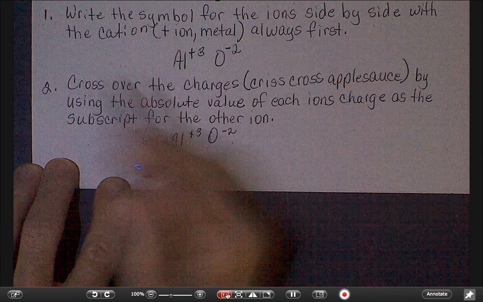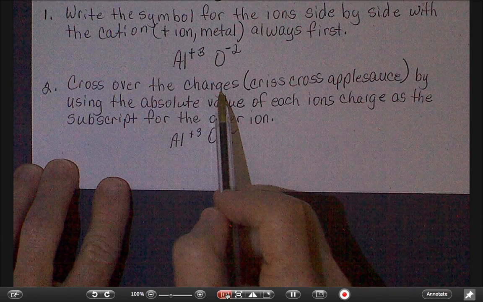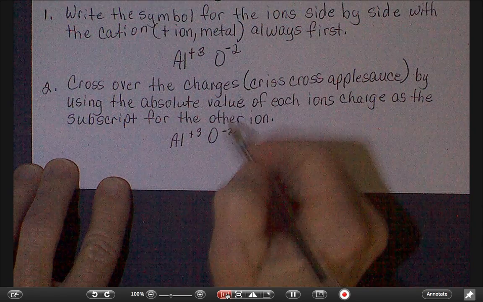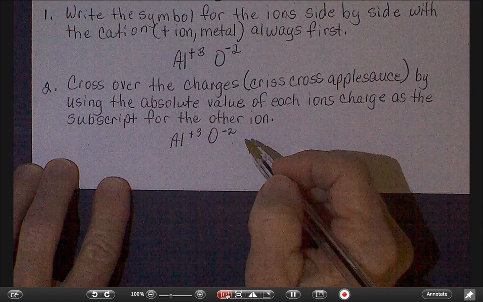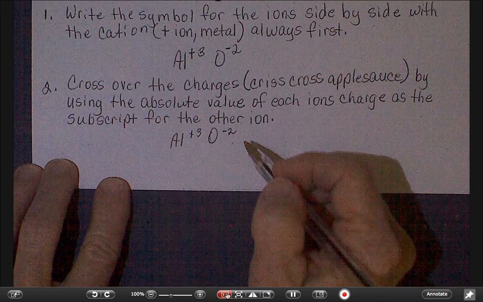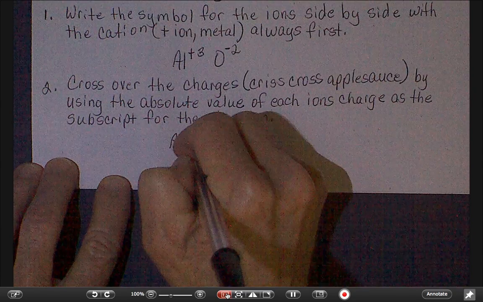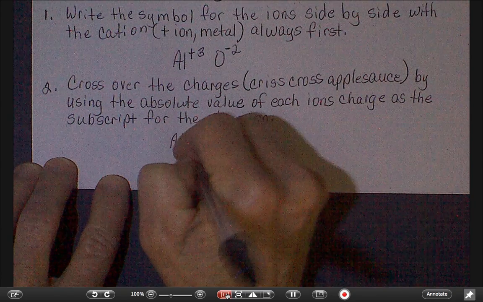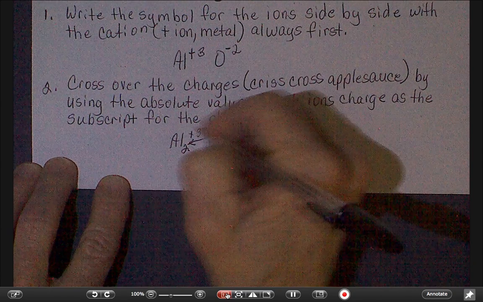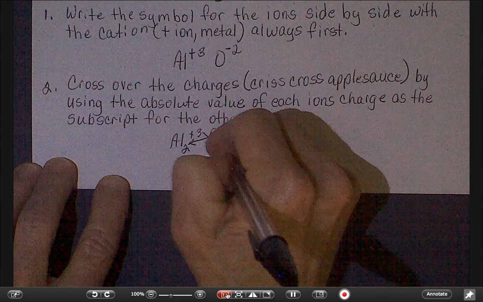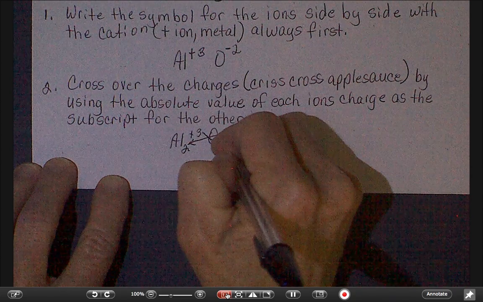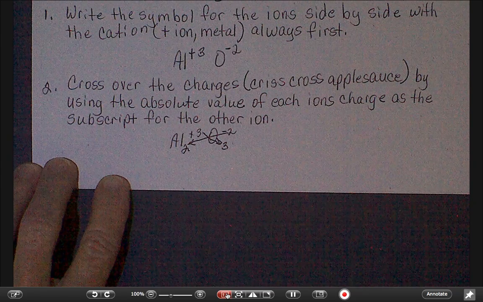Second rule says to do what? Take the absolute value. That means just the numbers with no charges. Does everybody understand? So the Al gets a what? And it is a subscript, kids. And the O gets a what? 3. And the arrows point to where you're supposed to place them. Does everybody understand?